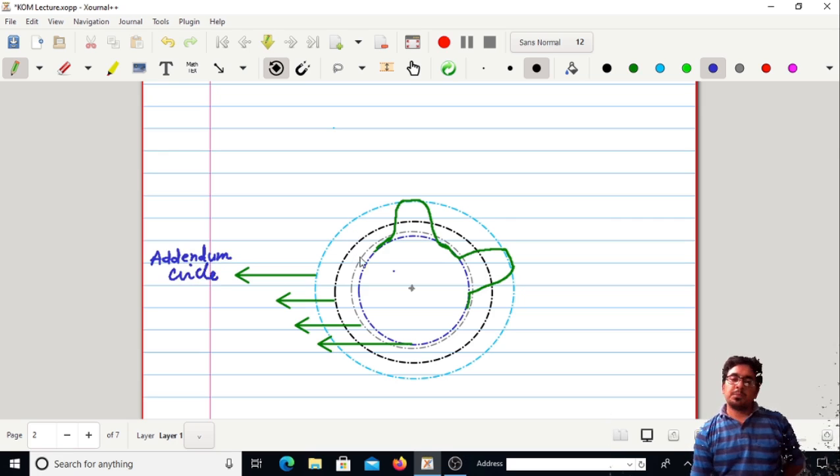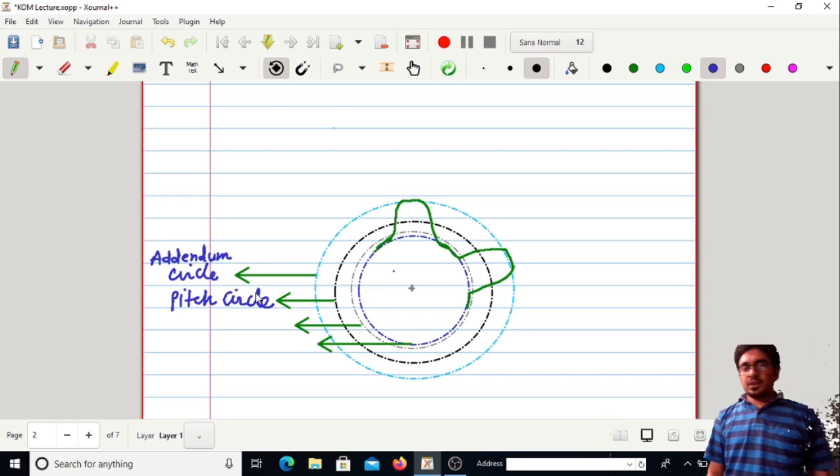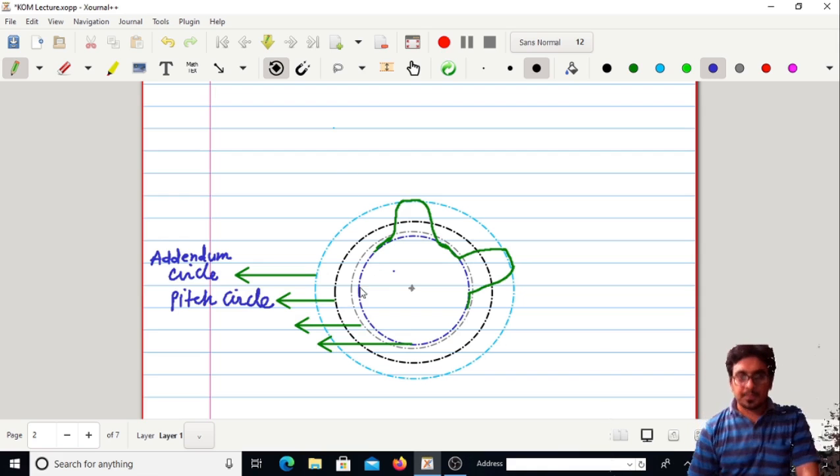The one below it is the pitch circle, and if you all remember, this is the important circle from where all the dimensions of a gear are measured.